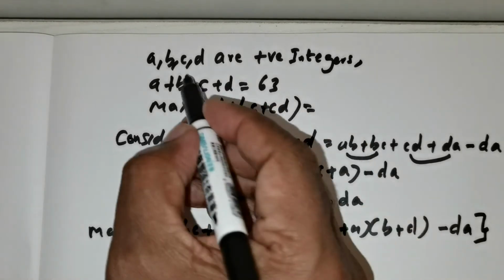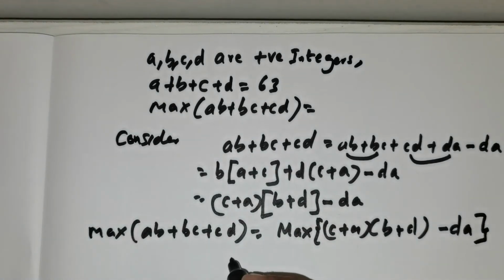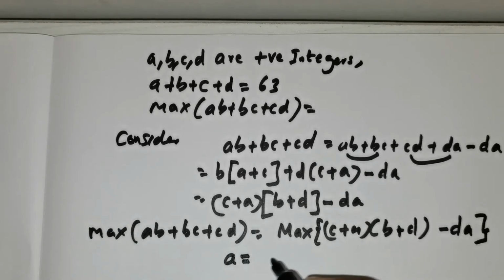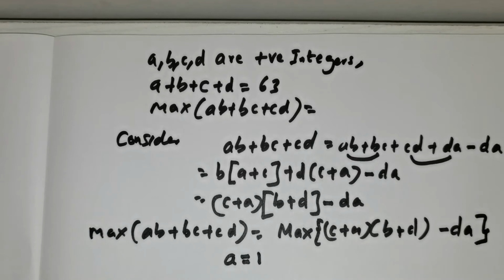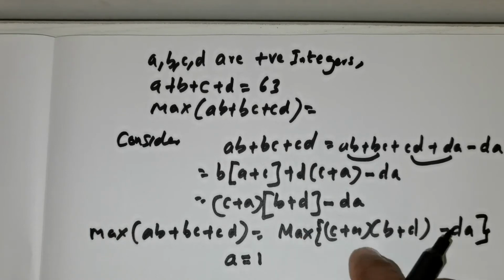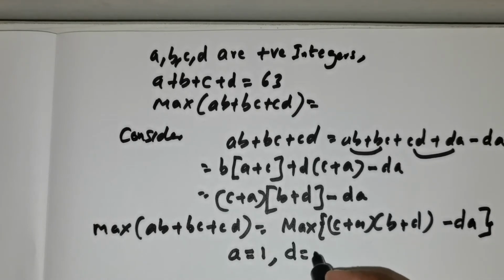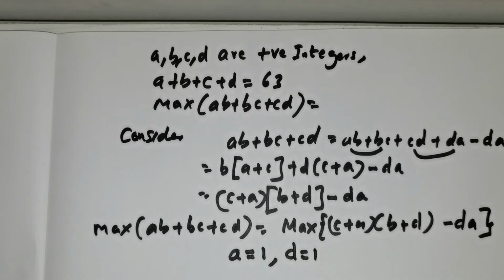Now, in the question, clearly A, B, C, D are given to be positive integers. So the only integer which can be considered to be the smallest would be the value 1. Now, since our goal is to achieve the maximum on the right side, which can only be achieved if DA is small, naturally the value of D should also be equal to 1.